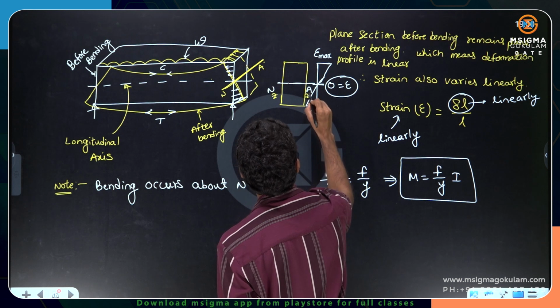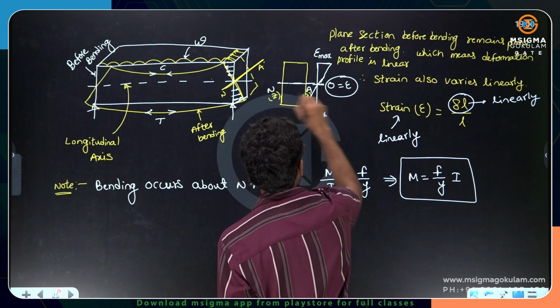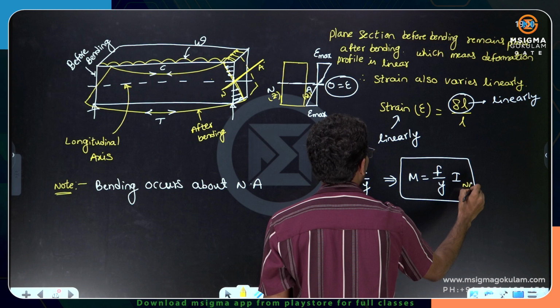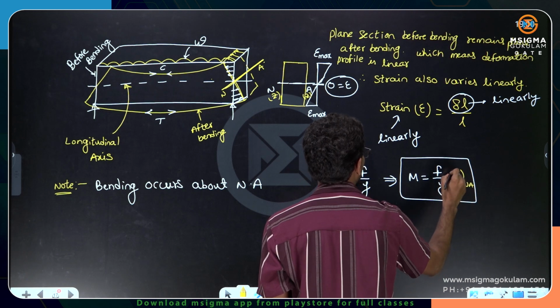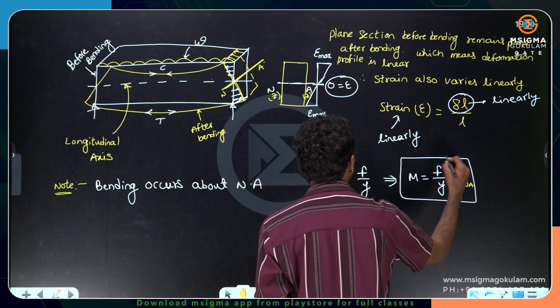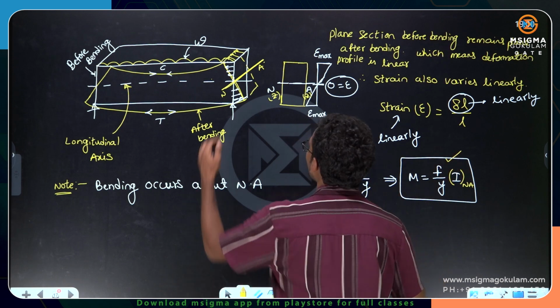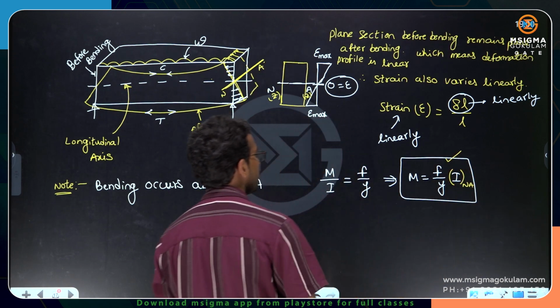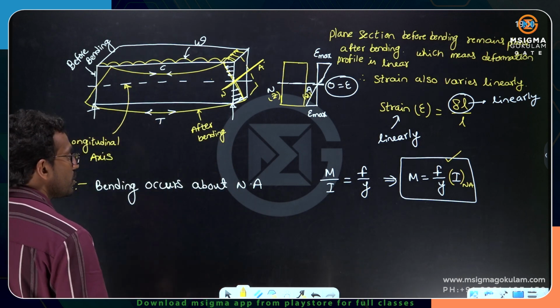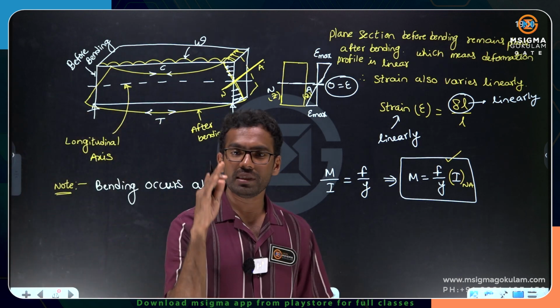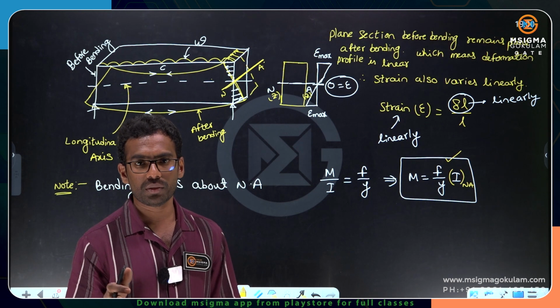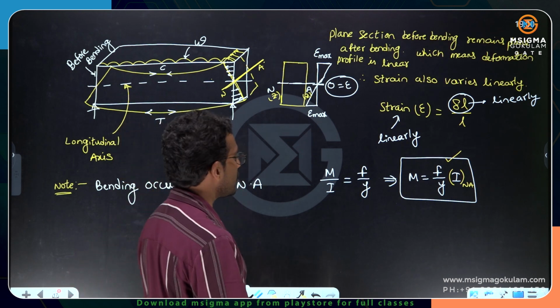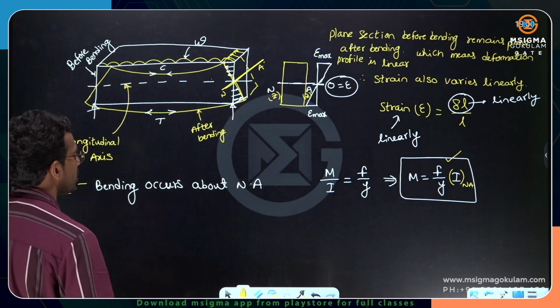So I must always use Izz, because whenever I say bending, we should take the moment of inertia about the axis about which bending is happening, the neutral axis. So in the bending formula, we always take moment of inertia about the neutral axis. Clear to everyone?